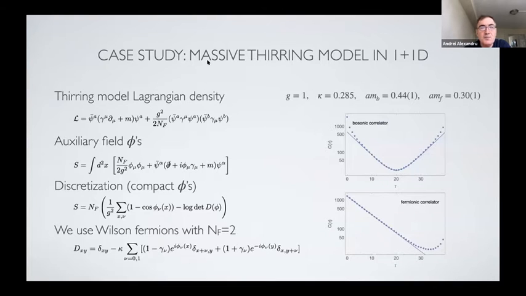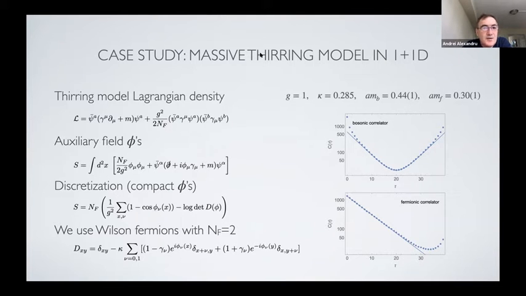So to make things a bit more specific, I need to lay down the toy model that we're going to play with, and that's a massive Thirring model in 1+1 dimensions. This is a model that was introduced a long time ago, and in some limits is a solvable case in the continuum. It's still a model that has interest even today in 2+1 dimensions.